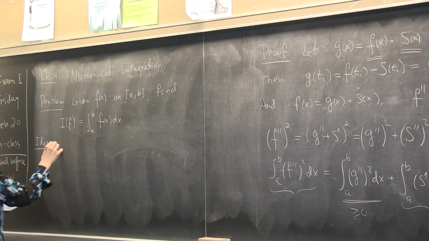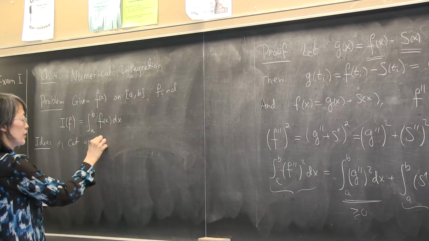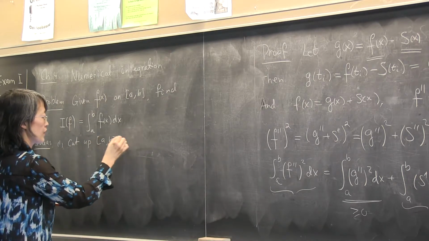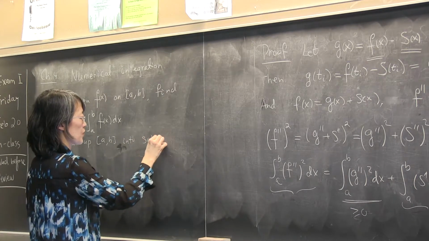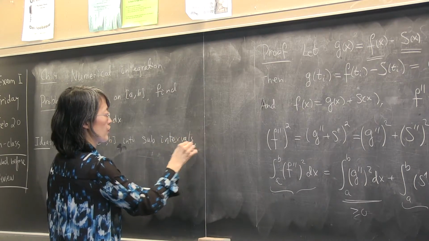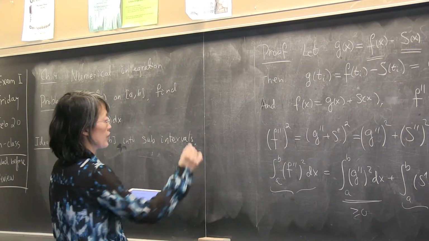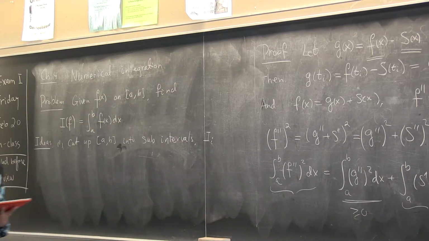Okay, so what we do will be step 1. I cut up [a, b] into subintervals. Interval is usually I, so you have an index. You cut it up like that.